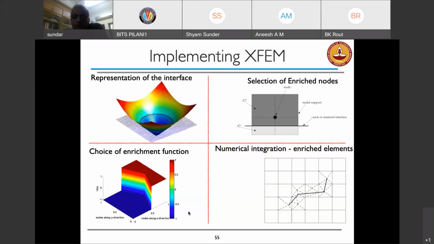So we need to know these enrichment functions, and many times these functions are not simple polynomials, which makes the numerical integration over these elements quite a complex task. So we should come up with efficient ways by which you can integrate over the regions that are intersected by the discontinuity. These are from the implementation perspective.